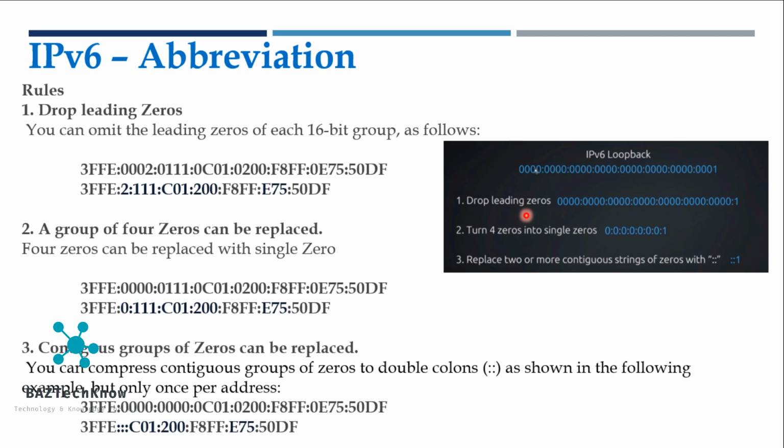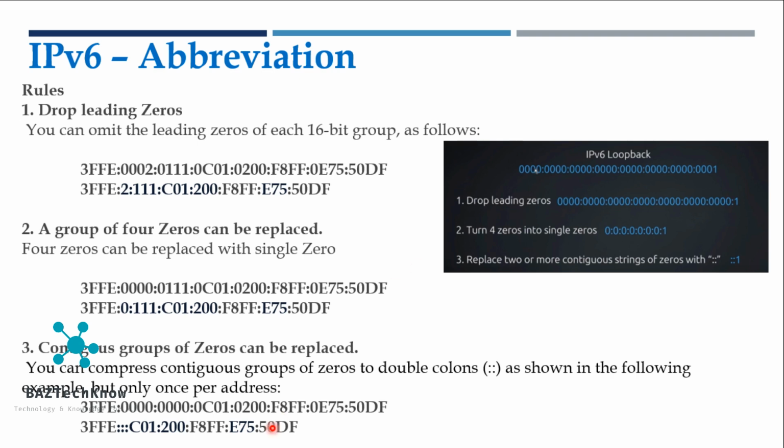There are 3 rules which can be used to shorten it, which will be easy for us. The first rule is dropping leading zeros. Leading zero means starting zero can be dropped. It's a simple arithmetic law that starting zeros can be omitted. I will not say, please give me $02, I will say, give me $2.